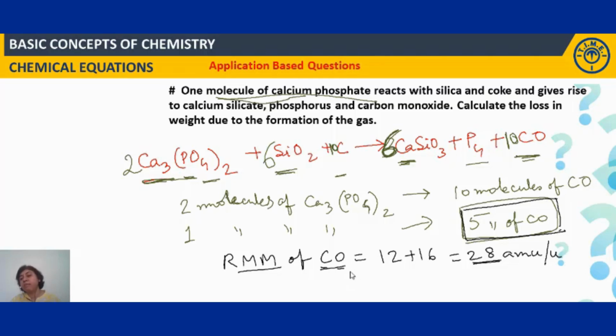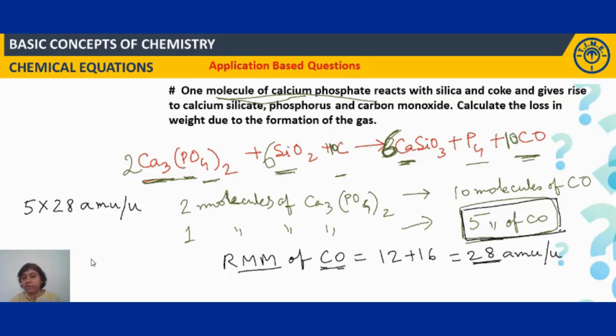So what will be the mass of 5 molecules of carbon monoxide? From the balanced chemical equation we have come to know that. So what is the mass of 5 molecules of carbon monoxide in AMU unit? It is 5 into 28 AMU or U.